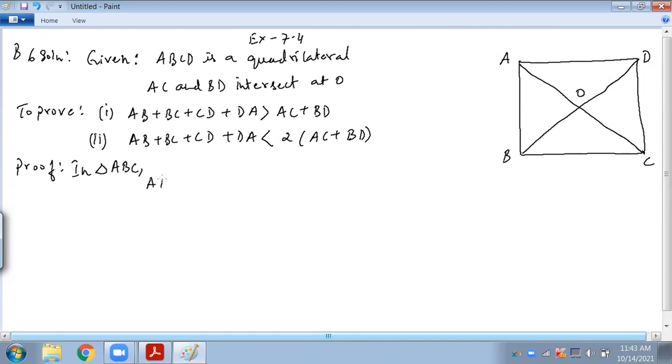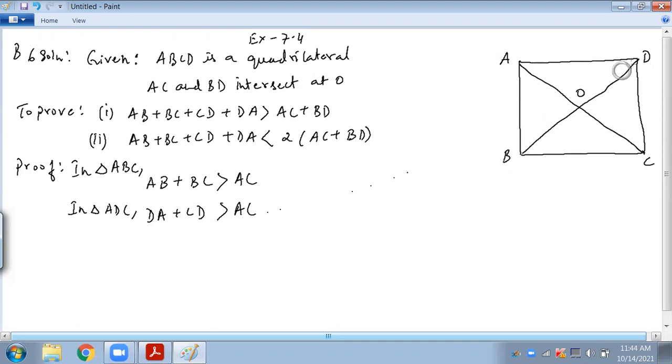AB plus BC greater than AC. Again, in triangle ADC, you can take DA plus CD greater than AC.